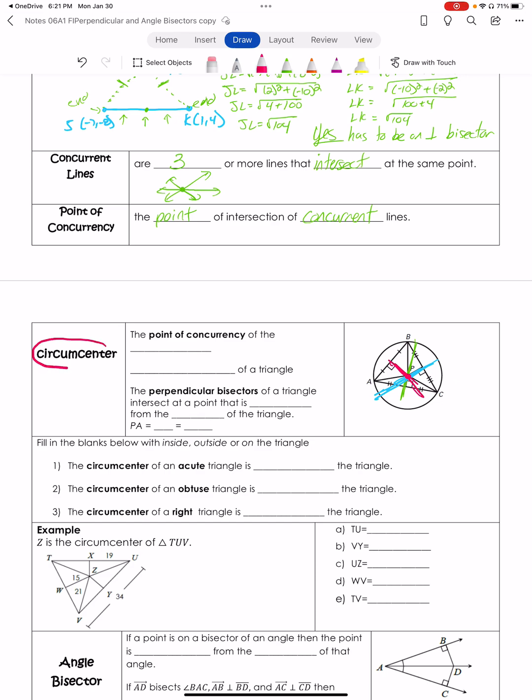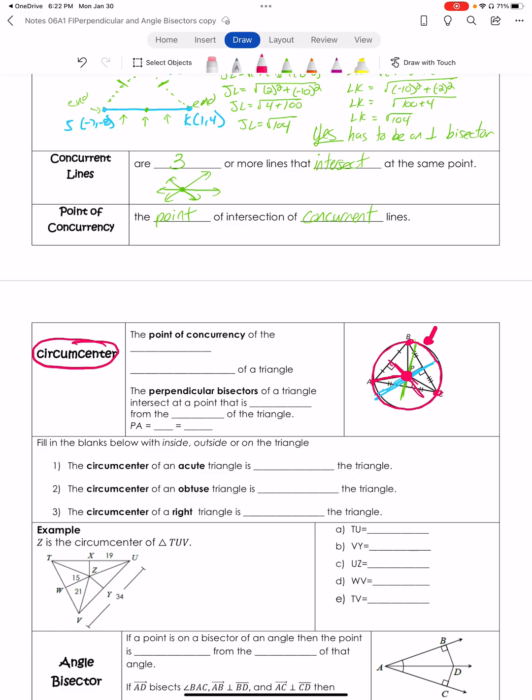The point where the perpendicular bisectors of a triangle meet is always the same spot, so it's called the circumcenter. The reason it's called a circumcenter is that when you construct all the perpendicular bisectors, if you put your compass on this point and your pencil here, you can draw a perfect circle that goes all the way around the figure, and it hits each vertex.